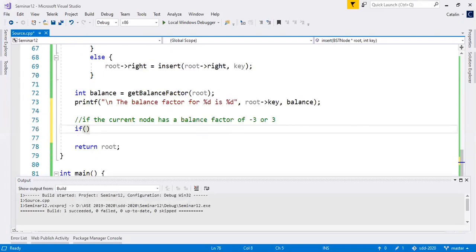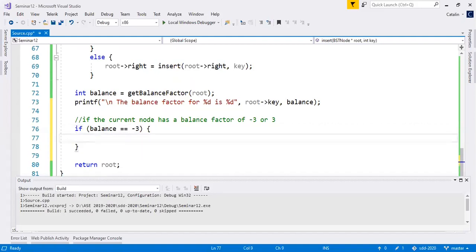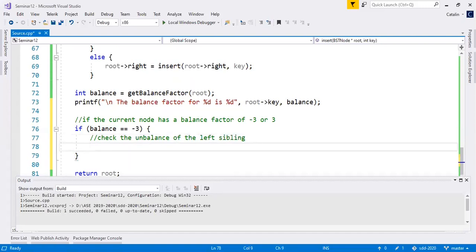If balance equals -3, now we need to be sure that we need a simple rotation here. So check the unbalance of the left child.